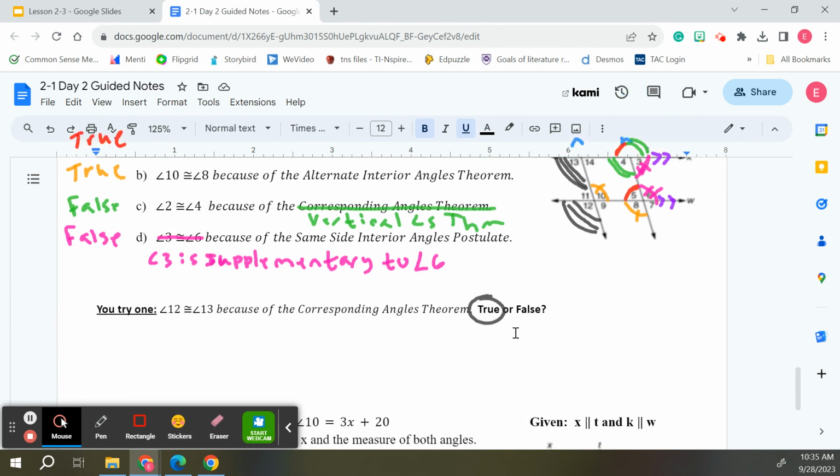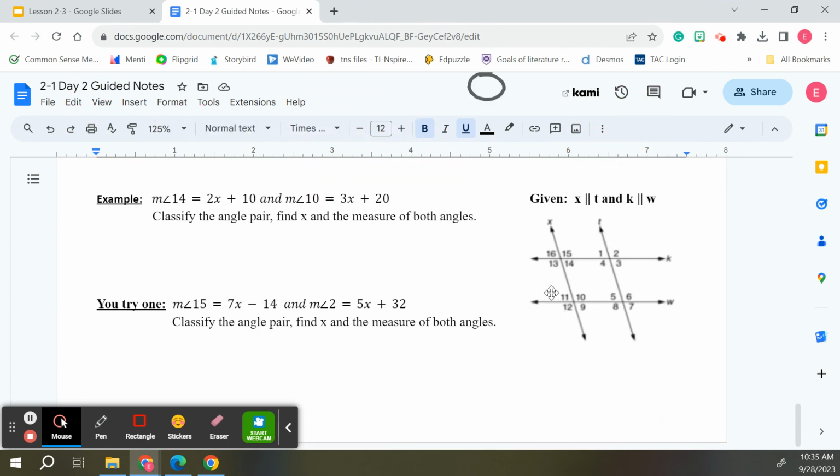Last few examples. All right, so this says the measure of angle 14 equals 2x plus 10, and the measure of angle 10 equals 3x plus 20. Classify the angle pair. Find x and the measure of both angles. We are given that x is parallel to t and k is parallel to w, just like above.